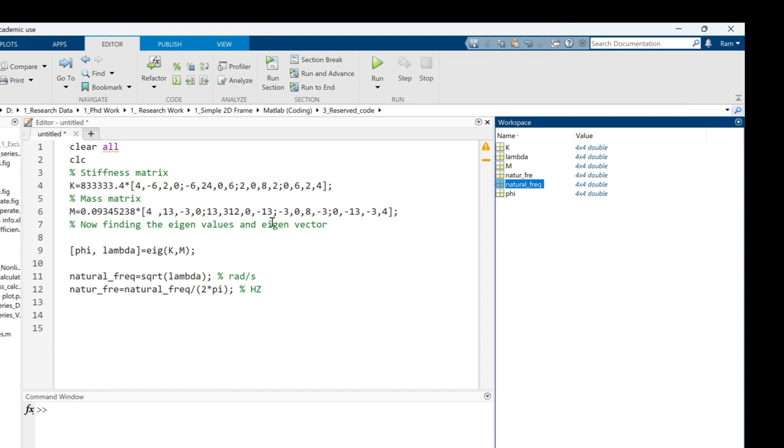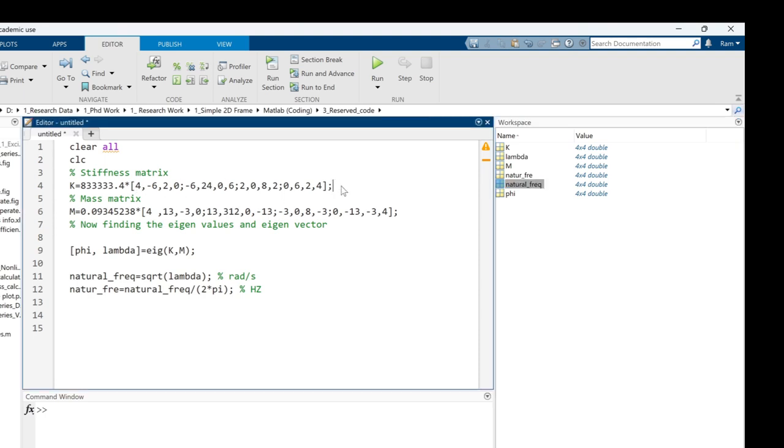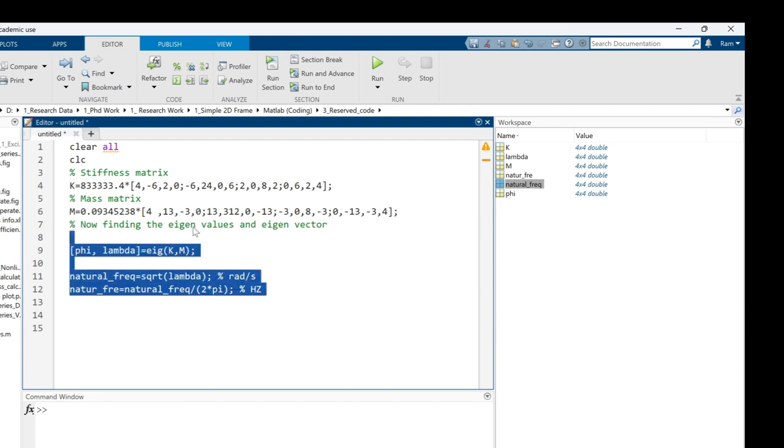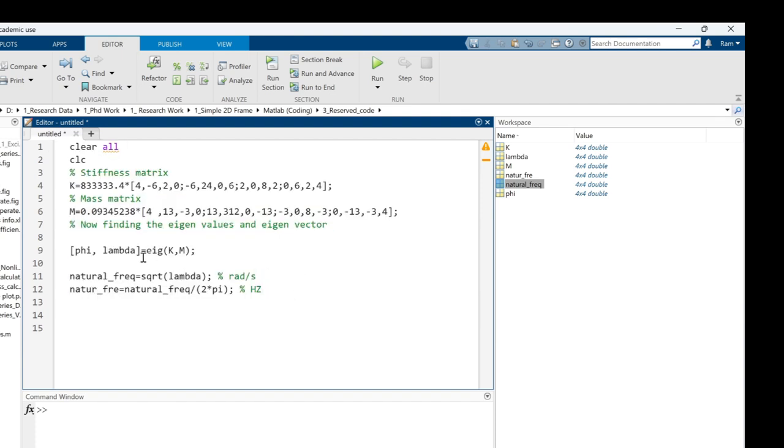Right now this mass matrix is 4 by 4. If the mass matrix or stiffness matrix is 10 by 10, we just put those values here, and it will easily provide the natural frequency, eigenvalue and eigenvector for any system. We just have to remember this command, eig.